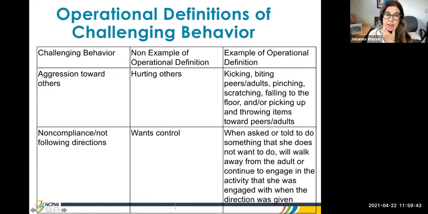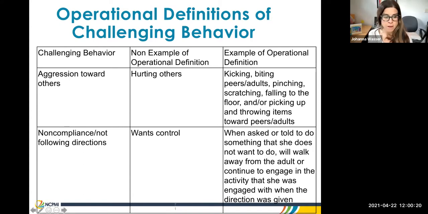I can hurt you by calling you a name, or I can hurt you by pulling your hair. So we would want more descriptive words, as this example shows. Okay, "non-compliant behavior" or "not following directions," right? That could be a cluster. "Wants control," not enough information. But in addition to what I described before, here are some additional comments on what would describe non-compliant behavior.